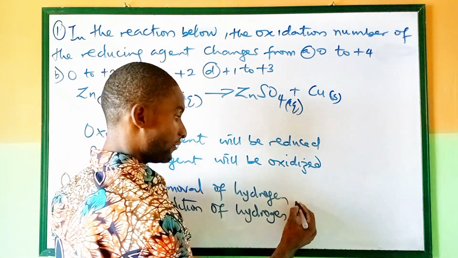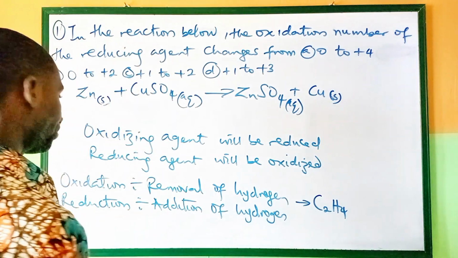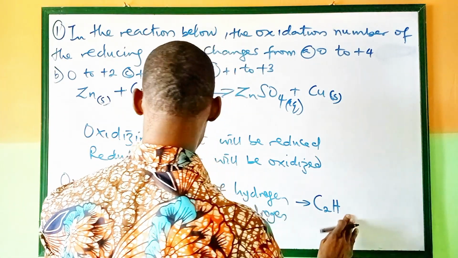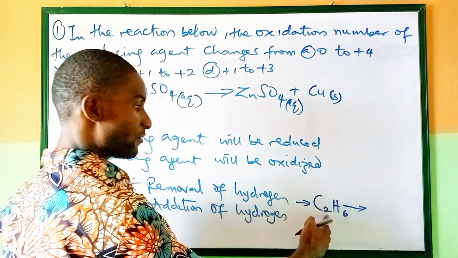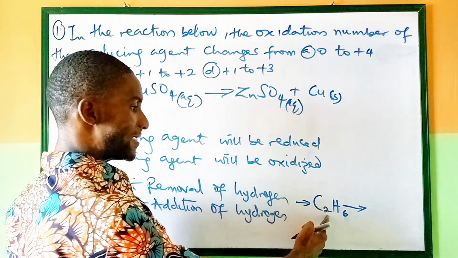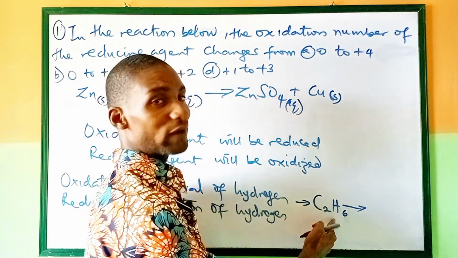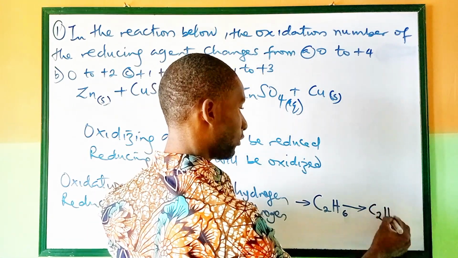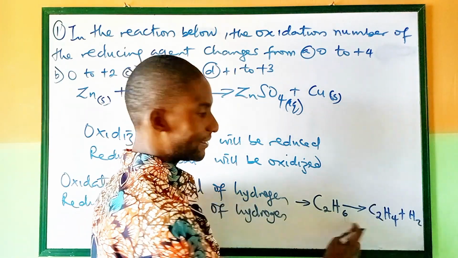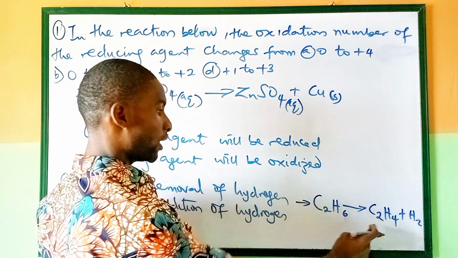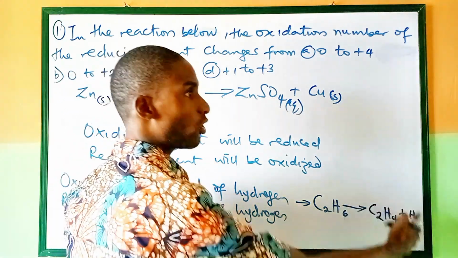So here, if I have C2H6, it will undergo oxidation if I remove hydrogen, so we said oxidation is removal of hydrogen. If I remove hydrogen from here, I have C2H4 plus hydrogen gas. So this is ethane, this is ethene. This reaction by which hydrogen has been removed is what you call oxidation.